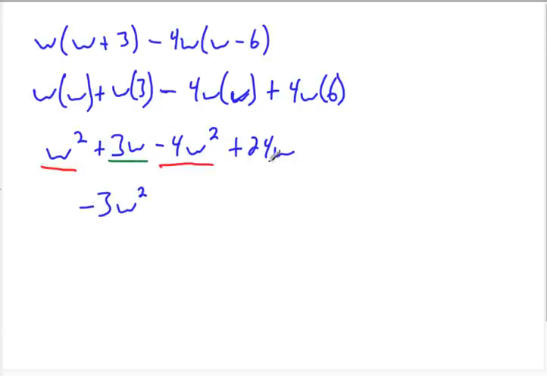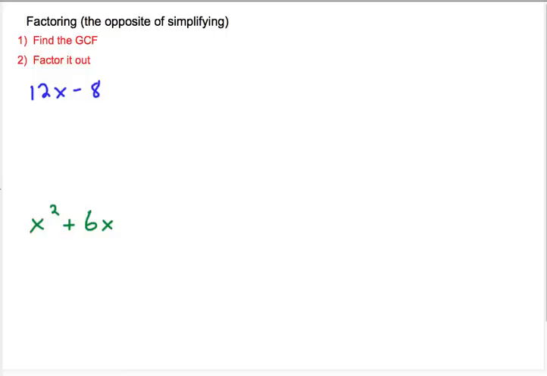And we have a 3w and a 24w, both positive, so we have plus 27w. And then we're done with that. So probably the most difficult thing for students to get here is the positive and negative numbers working together. So just make sure you're paying close attention to that as you do these examples. You might want to rewind and listen to what I'm thinking as I do those.